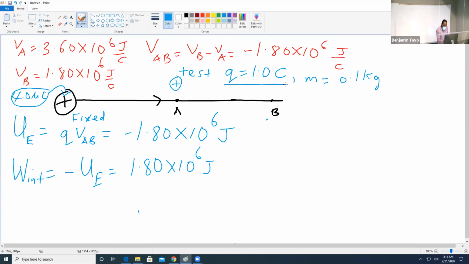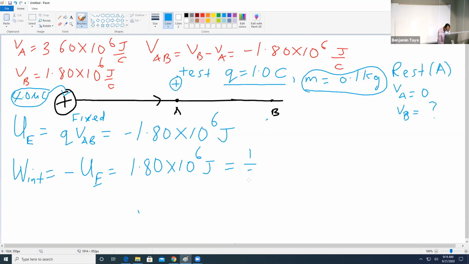Now, again, if we say that this test charge has a mass of 0.1 kilograms, and then let's suppose that we put it at rest at point A, can you calculate, so let's take the velocity at point A to be 0, what the velocity at point B is going to be? To solve this, I'm just going to say that all of this energy here gets converted into kinetic energy, 1/2 times mass times the velocity at point B squared minus the velocity at point A squared.